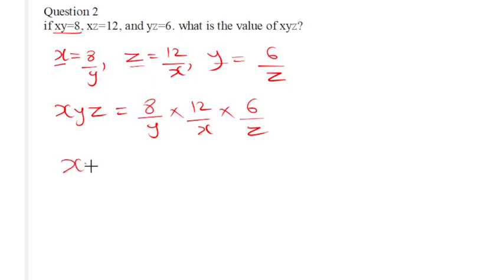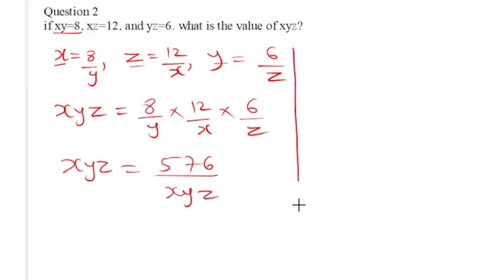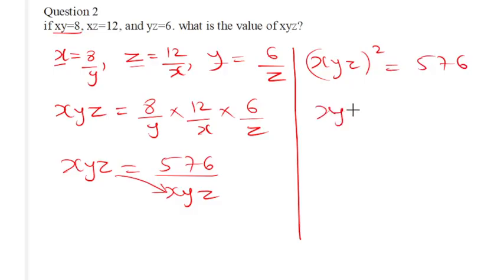So we have xyz is equal to 576 divided by xyz, right? Now cross multiply, xyz multiplied by xyz gives (xyz) squared, this is 576.